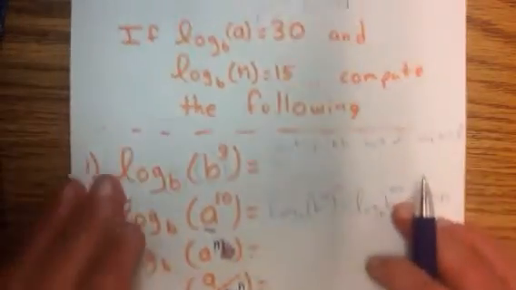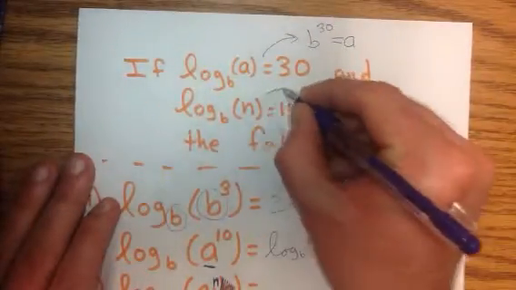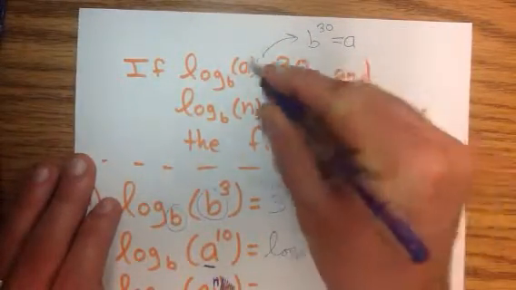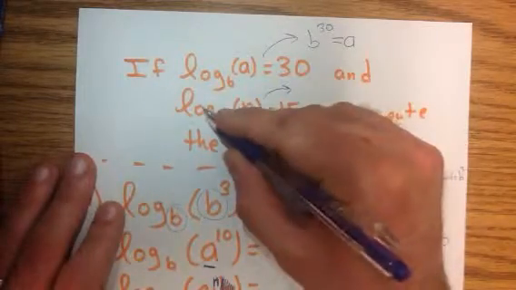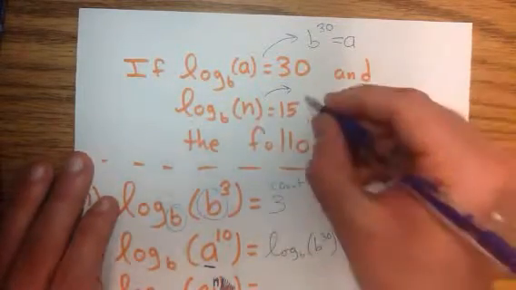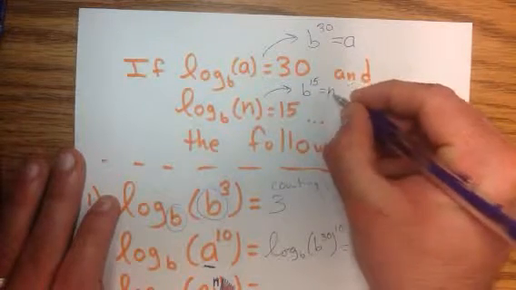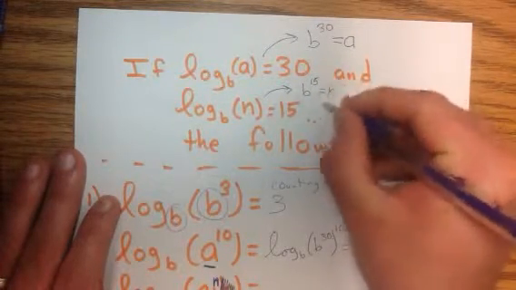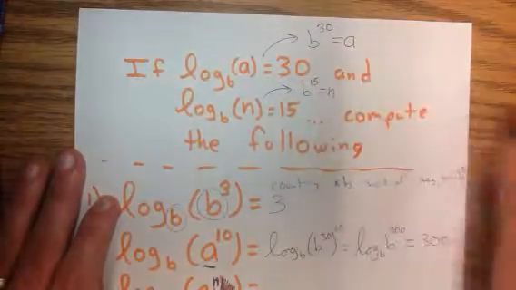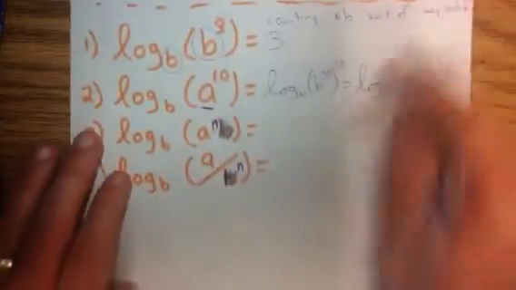For the next problem, we need to know something about n. Similar to log base b of a, log base b of n tells us that b to the 15th power is n. So wherever we see an n, we can substitute b to the 15th power.